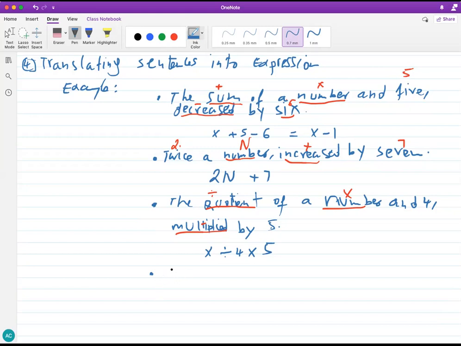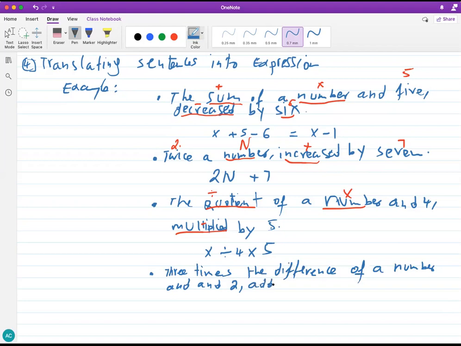This could also be, let's say, here's another one, 3 times the difference of a number and 2 added to 5 is twice that number.